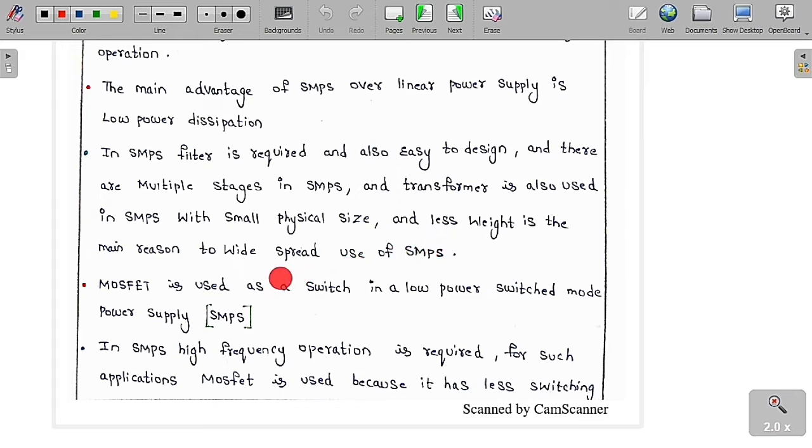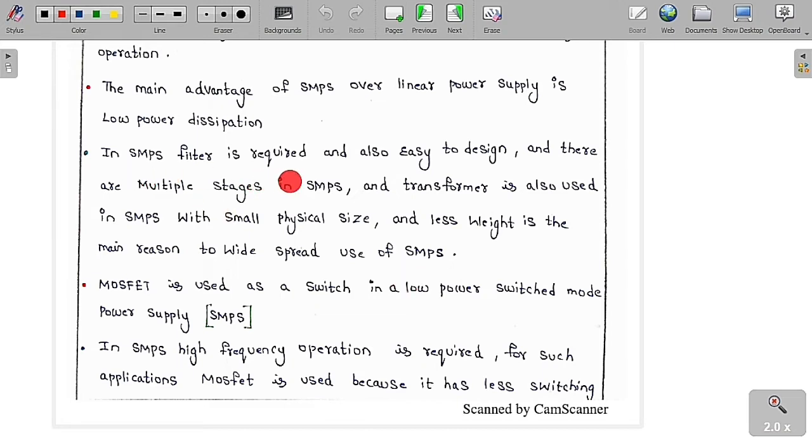It is the main reason for the widespread use of SMPS, along with the high frequency, the chopper principle and the low power dissipation.